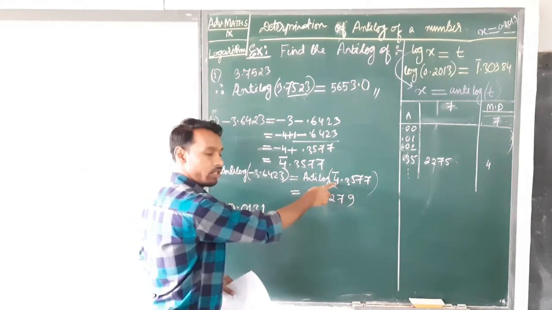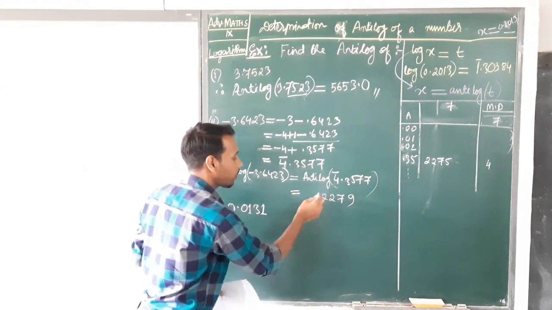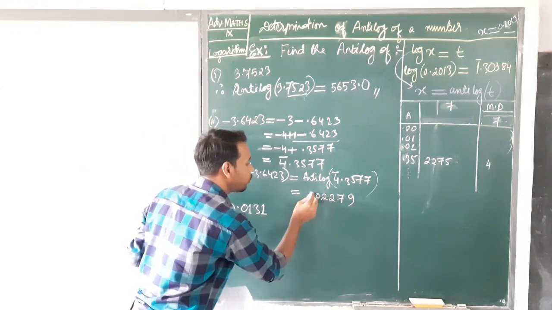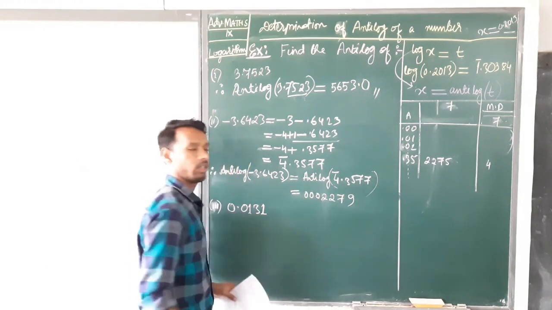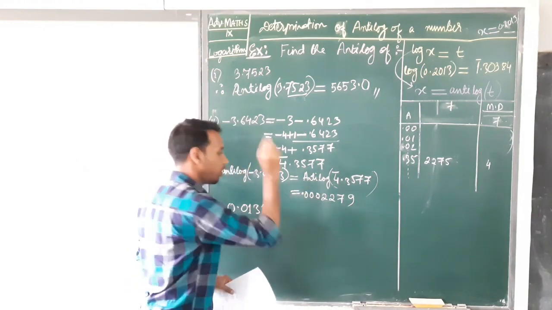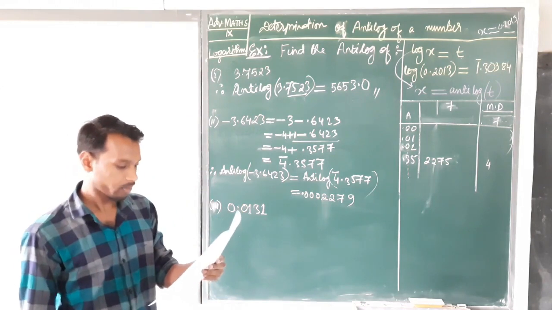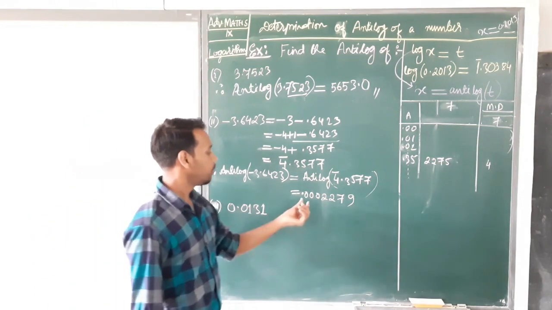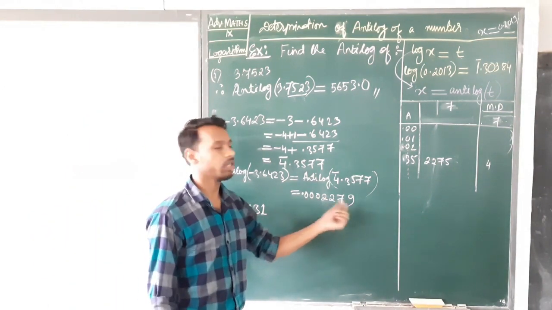So how many zeros you have to put? 3 zeros here, 1, 2, 3. So it is becoming 0.000227.